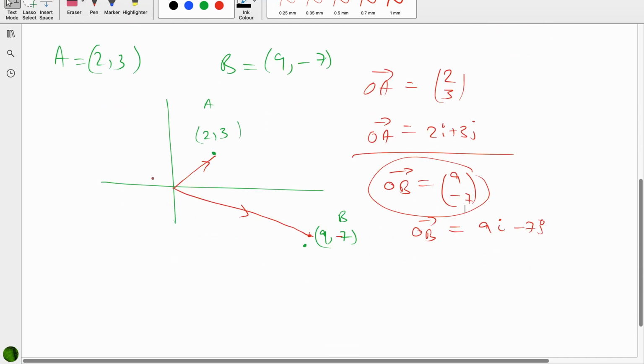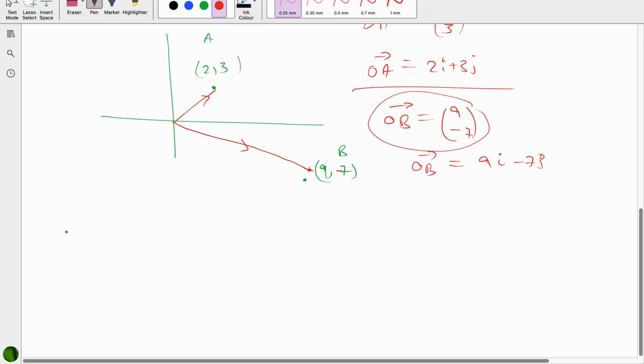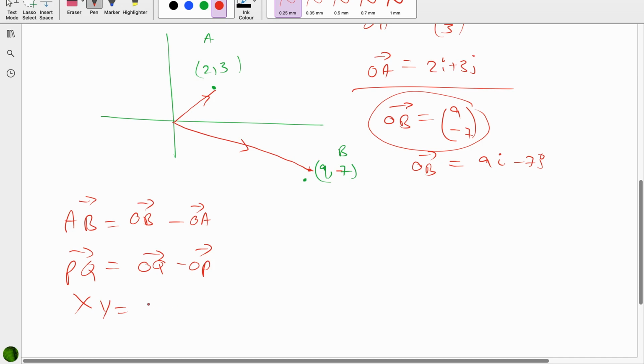And how do we represent them? If you say AB and it says that split them in position vectors, this is always this way, second minus first. If the question is PQ, this is always OQ minus OP. XY, this is always second minus first.